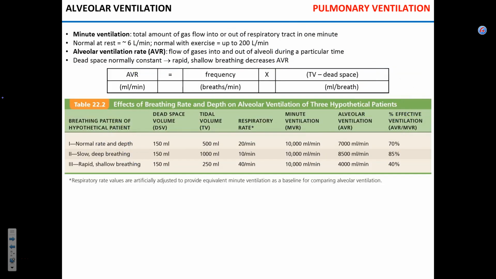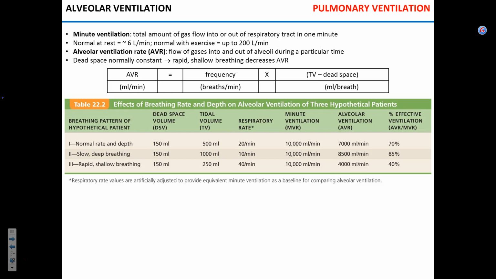Now, you will need to calculate this. A word of warning: you are allowed to use the calculator, and you will actually need a calculator, unless you're really, really good with doing it on paper. So, what is minute ventilation?